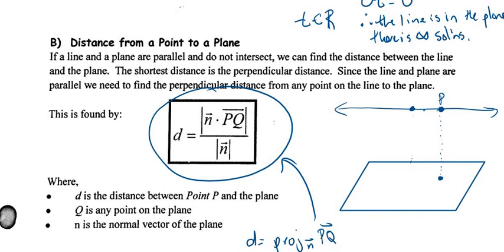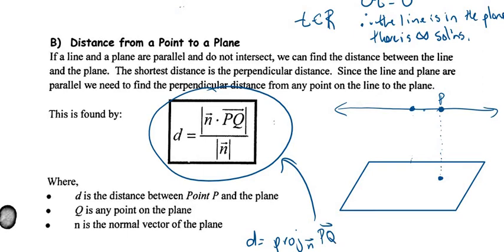Now, I mentioned in the last lesson that I wasn't going to give an explanation because there's something in this lesson that connects back to it, and this is the part here. So I'm going to give you a little bit of an explanation as to how this works. In this case, we have this formula here, d equals the absolute value of n dot PQ, over the magnitude of n, which again we know is the projection of PQ onto n.